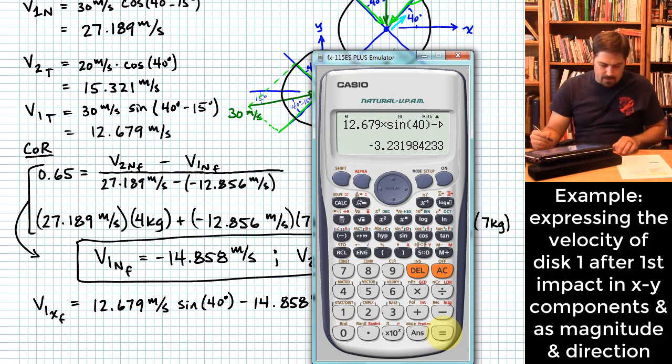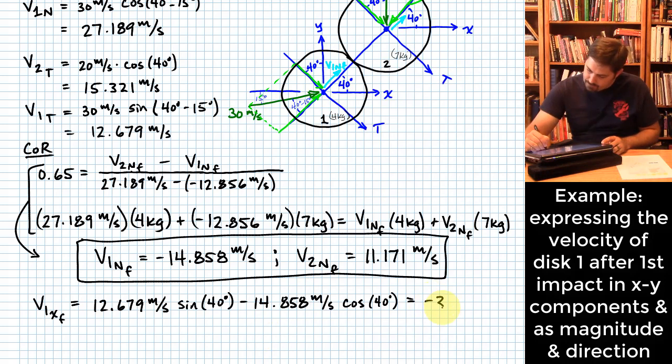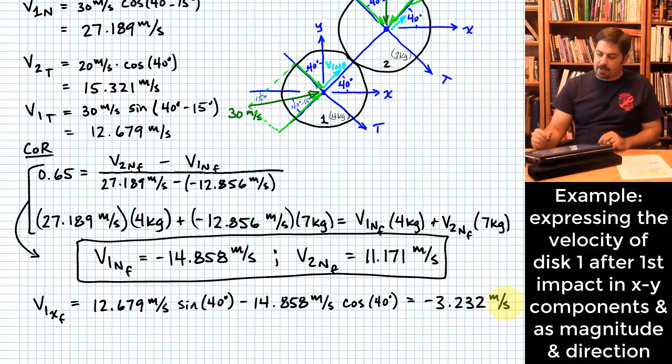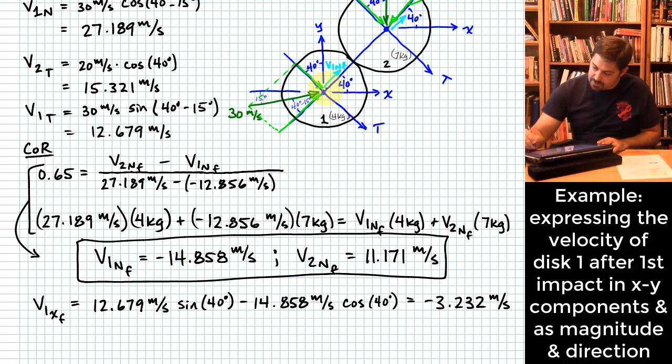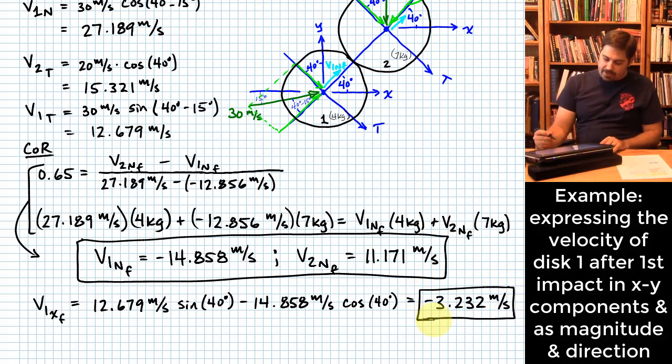Okay, this gives me negative 3.232 meters per second as my velocity along the x direction. That does mean that its velocity is to the left rather than to the right. So that's what that negative sign means right there. Okay, so that's probably worth a box because that is one of my velocity components.